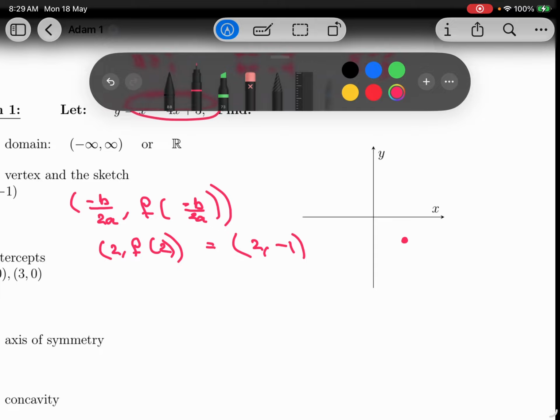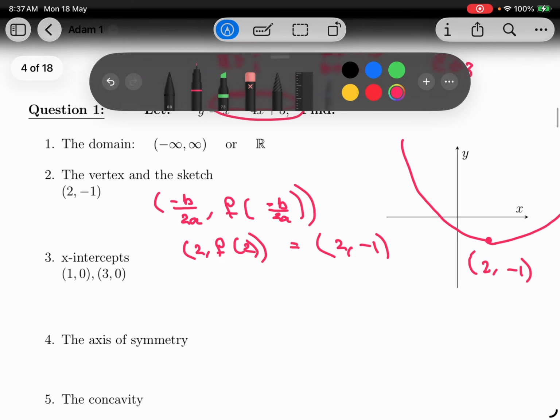And what I know is that this function is concave up because a is positive, a is 1. So it will be more or less like this, okay? So, okay, guys, here the vertex is revealed clearly, which is 2 along with minus 1. So let us move to these properties.